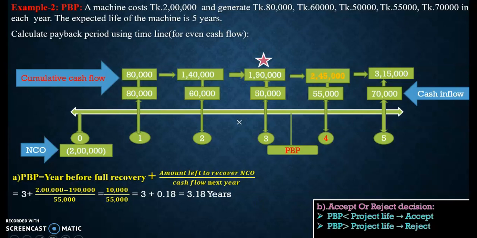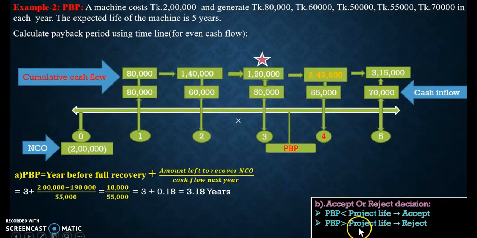Now accept or reject decisions. If project lifetime is greater than PBP, then we will accept the project. Another, if PBP is greater than project lifetime, we will reject the project. Here PBP is 3.18 years and project lifetime is 5 years. So this project should be accepted.